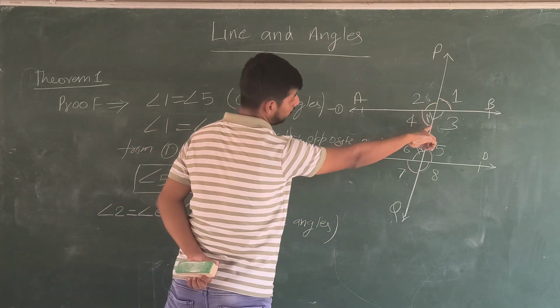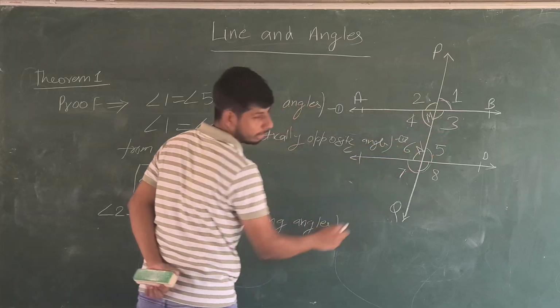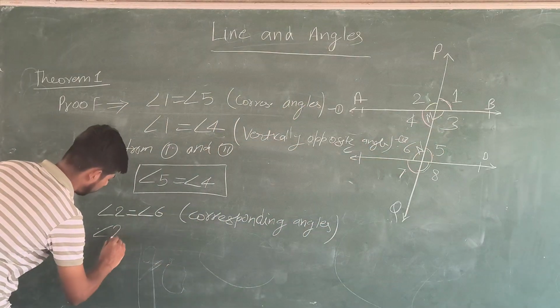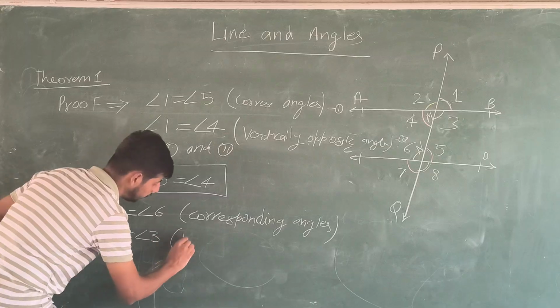And angle 2 is equal to angle 3, vertically opposite angles.